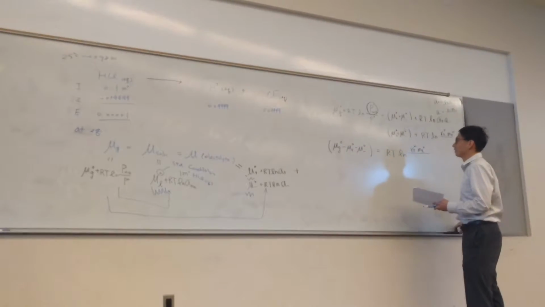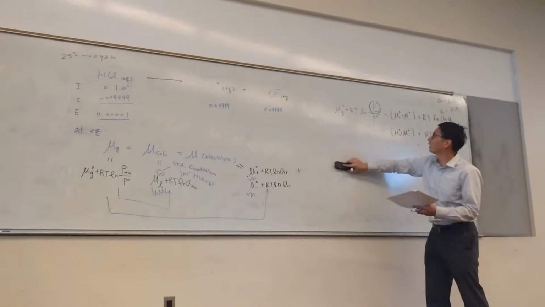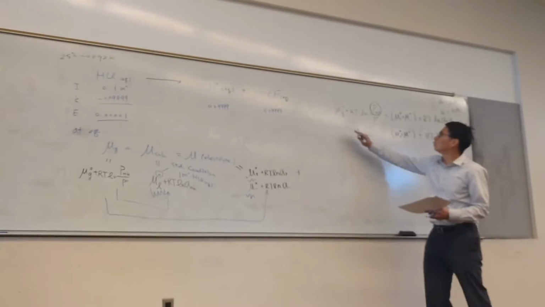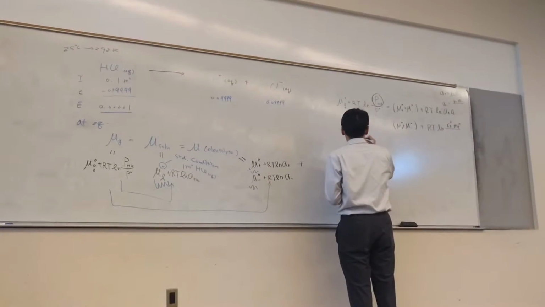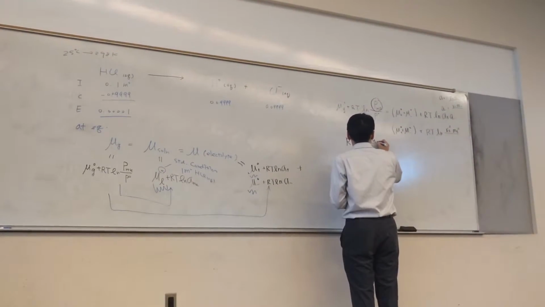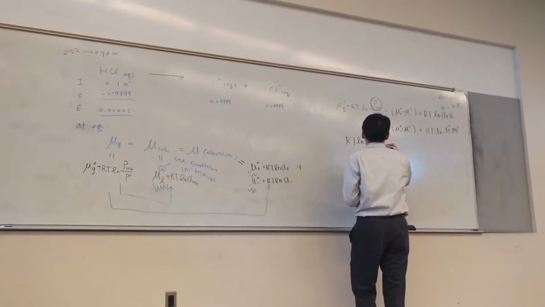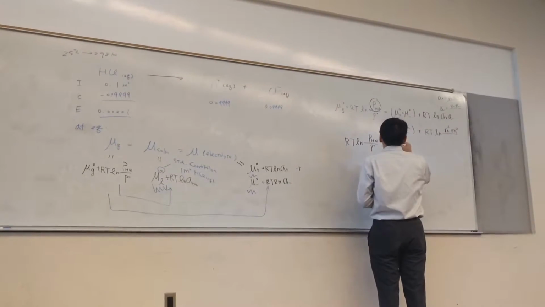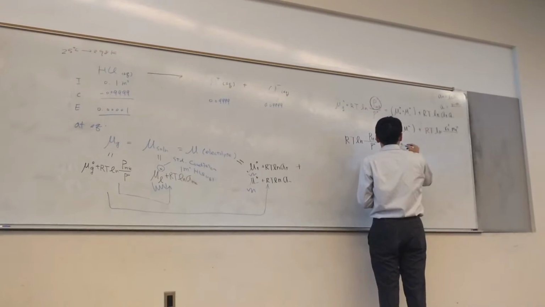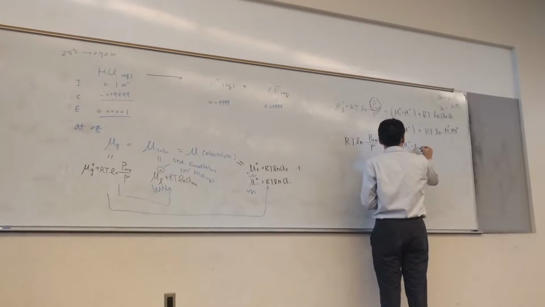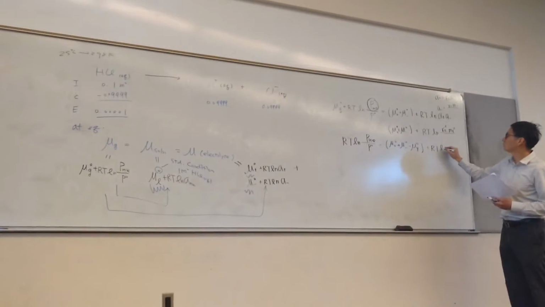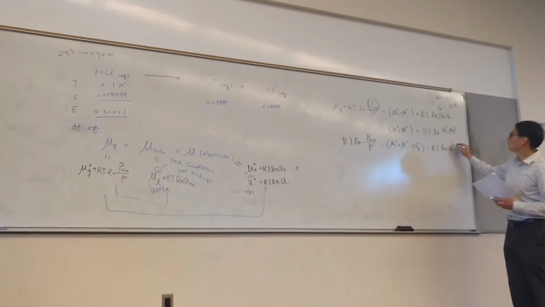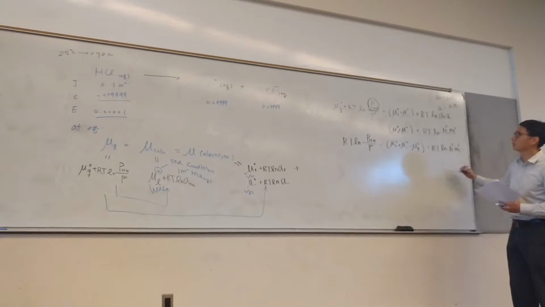Sorry, we should move in the other direction. Okay, so we're going to move this one to the left. So let's rewrite this: RT natural log PHCl over P naught is going to equal to mu plus naught plus mu minus naught minus mu G naught, okay? Plus RT natural log gamma plus minus square and m plus minus square, okay?